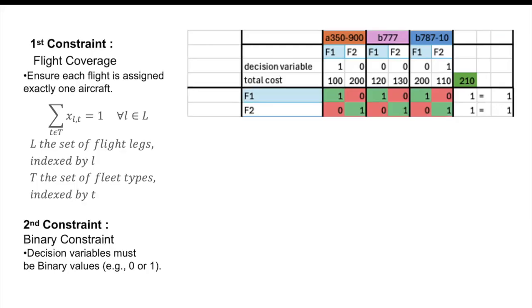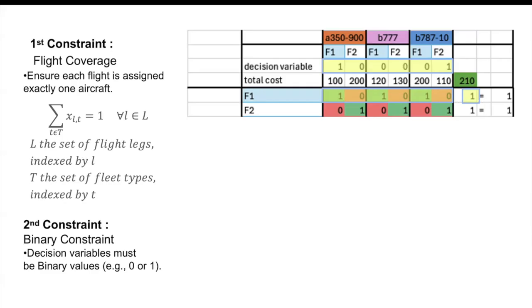However, this formula alone does not guarantee that each flight has exactly one aircraft assigned. So we add the flight coverage constraint, which ensures that every flight is covered by one and only one fleet. As you can see, the number one is the result of the sum product between the decision variable and the 1 and 0 values for each flight.